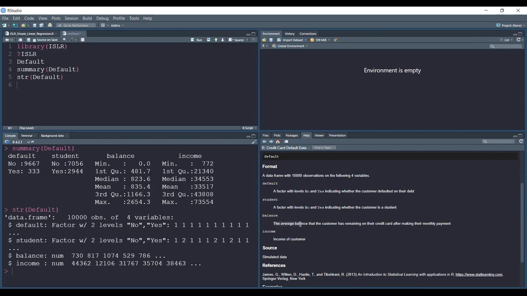Over here, it is the average balance that the customer has remaining on their credit card after making their monthly payment. Student is whether the customer is or isn't a student, and default is a factor with levels no and yes, indicating whether the customer defaulted on their debt.